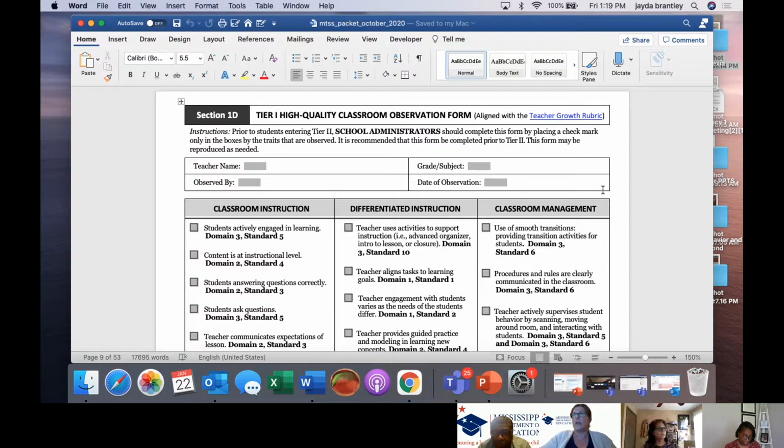Right. And just like Matt said, and I failed to point that out, so thank you for covering that. It doesn't have to be in that packet. So if we come to monitor, we may just say, can you grab those tier 1 observation forms for us? Because you may have them paper clipped in a file folder in your office so that they're not in the packet for anyone to see.